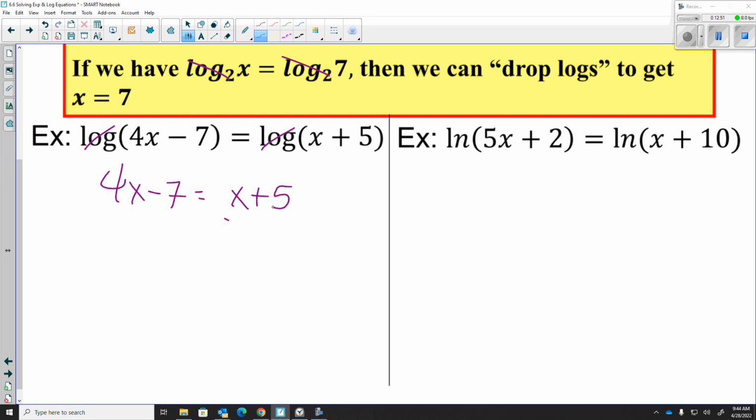Yep, absolutely. All right, now you're solving this. Subtract x, add 7, divide 3, boom.